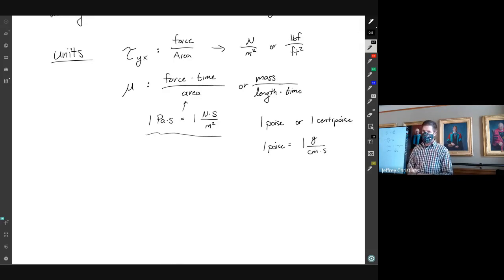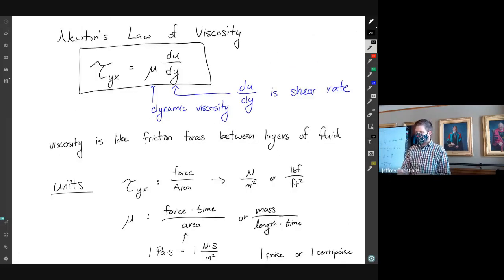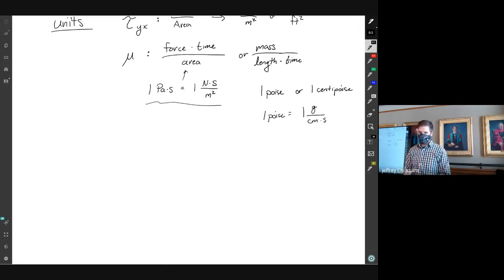We also, so viscosity is weird. Usually I call this up here the dynamic viscosity, mu. That's not the only one that we deal with. There's another type of viscosity, and this is where things get a little confusing.